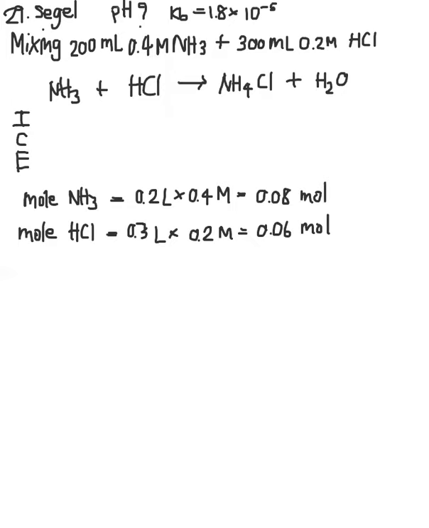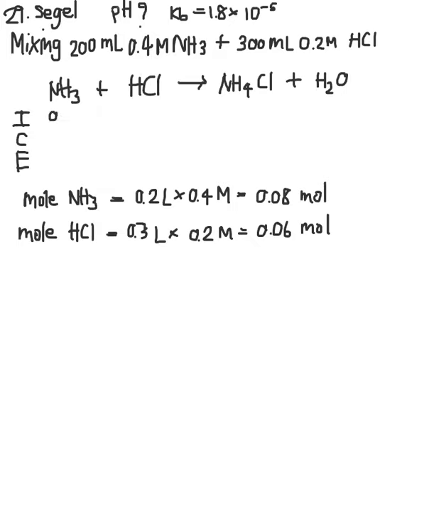To calculate the moles of ammonia and hydrochloric acid, you multiply the volume you're given by the concentration. For ammonia, 0.2 liters times 0.4 molar is equal to 0.08 moles. Again, for hydrochloric acid, 0.3 liters times 0.2 molar is equal to 0.06 moles.